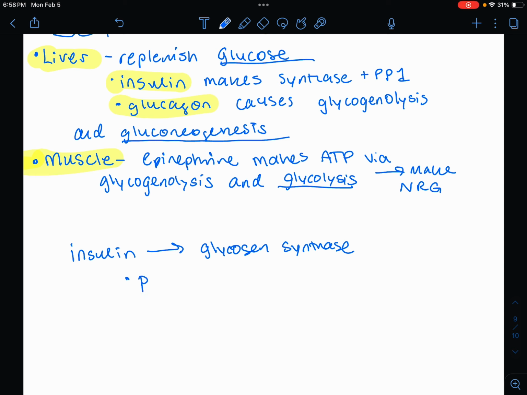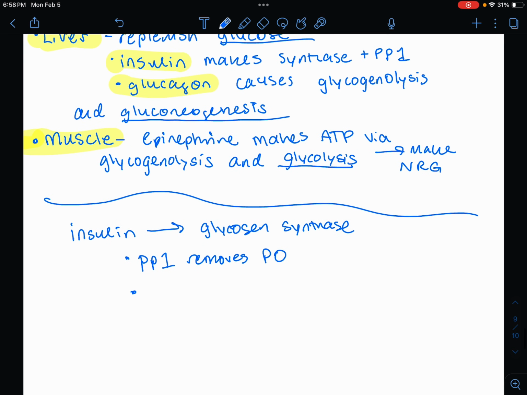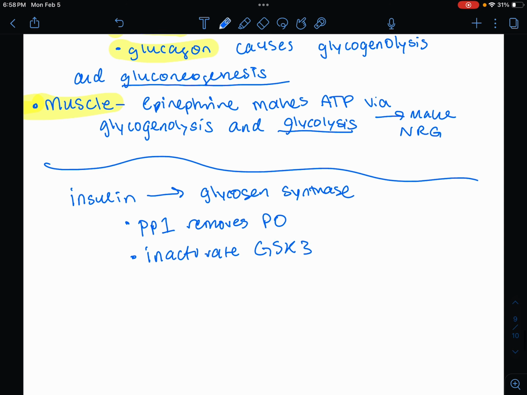So PP1 removes the phosphates. And then this GSK3 will also be inactivated. Remember, GSK3 adds phosphates, so we don't want that if we're trying to turn on glycogen synthase A.